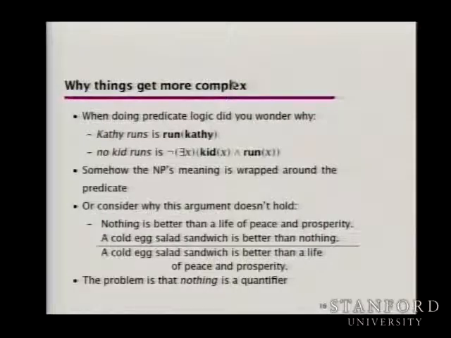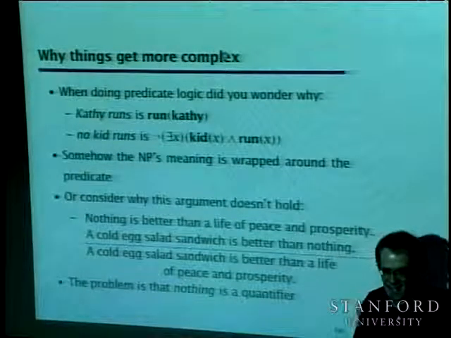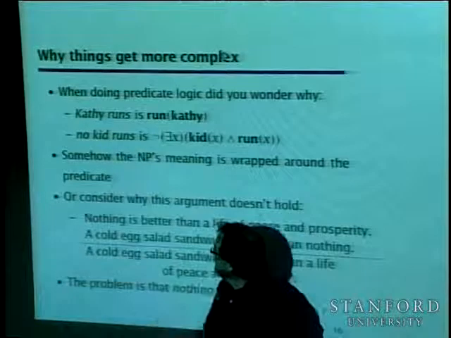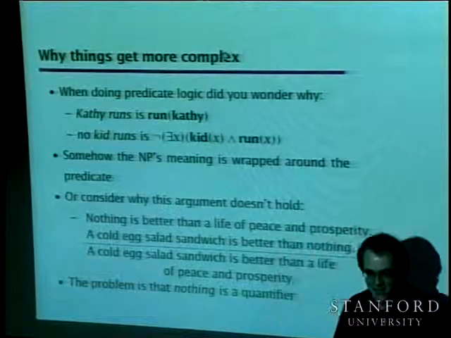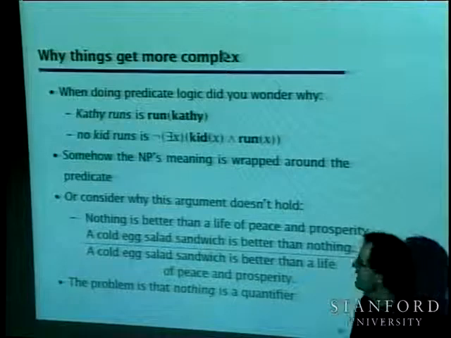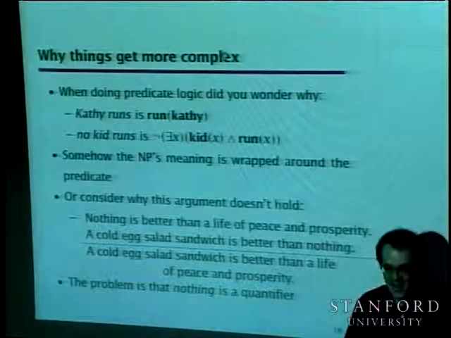If you want to translate "Kathy runs," you translate it into runs(Kathy). That's easy. But if someone tells you to translate "no kid runs" into predicate logic, you have to know to do this really funny thing where you write down not there exists x, kid(x) and run(x).